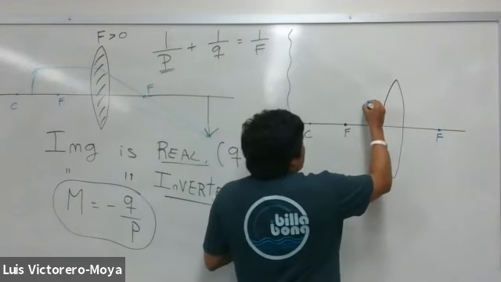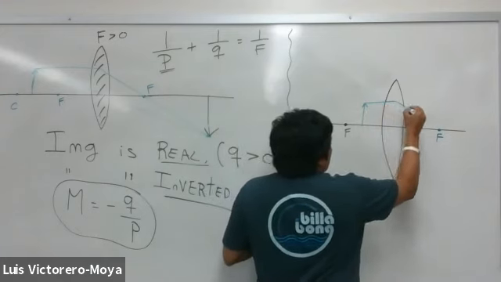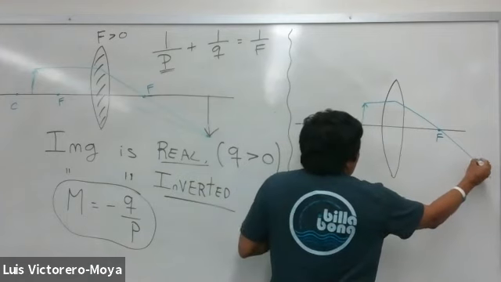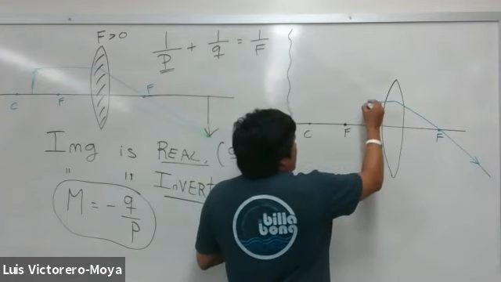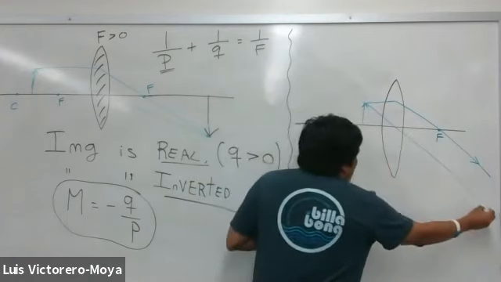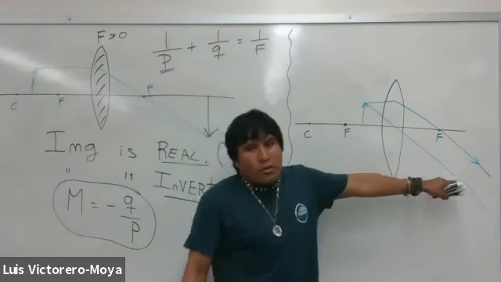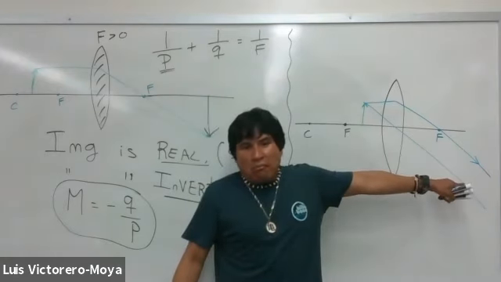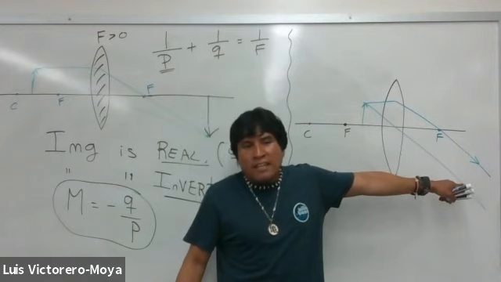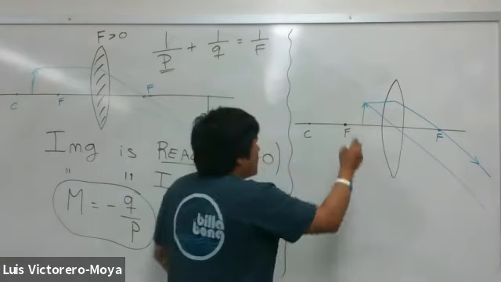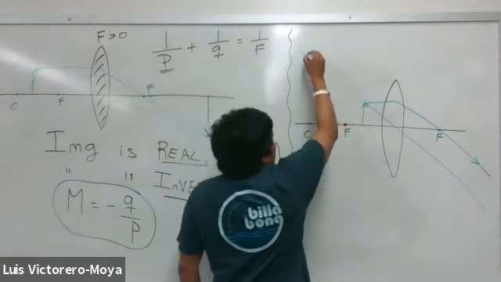So what are the rays? Like that. But then you have something going. They are never going to intersect there. You are never going to be able to see the image from over there. But what do we do? We extend this.